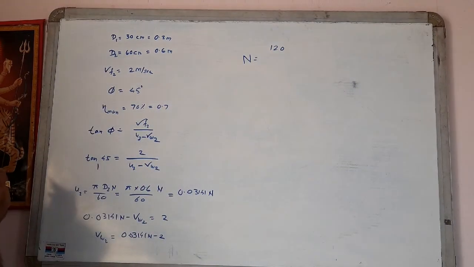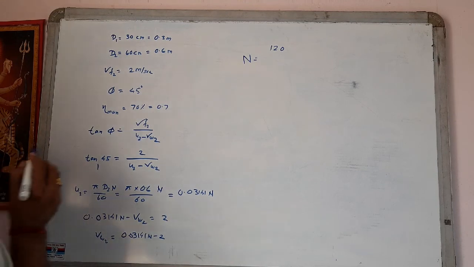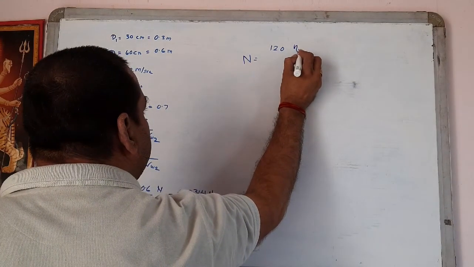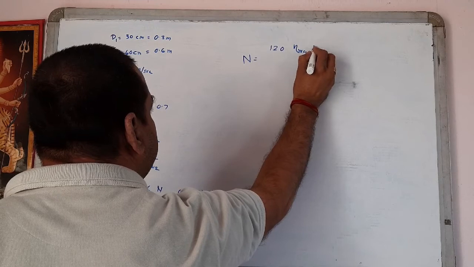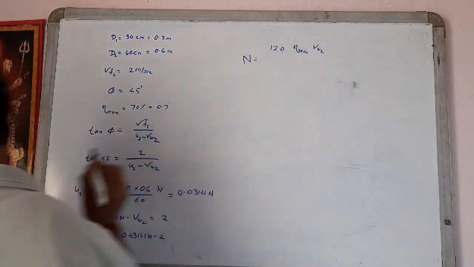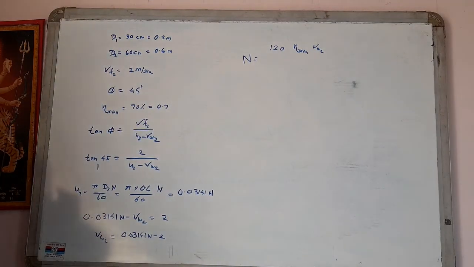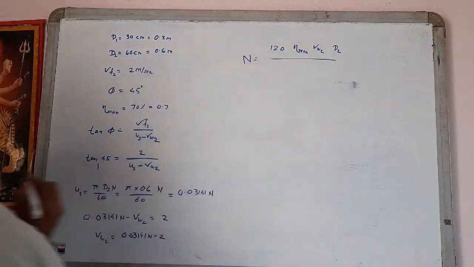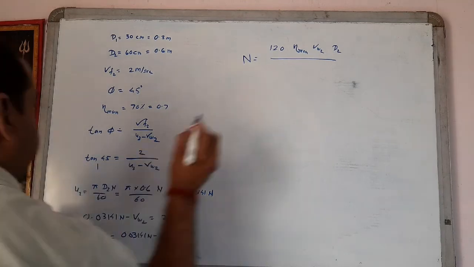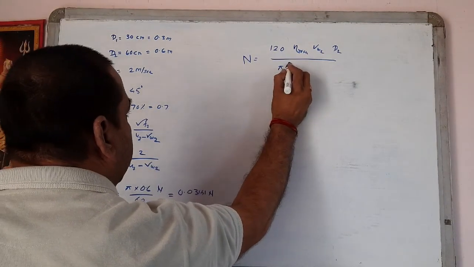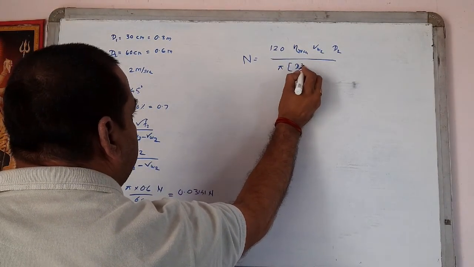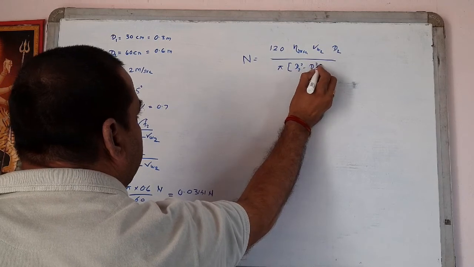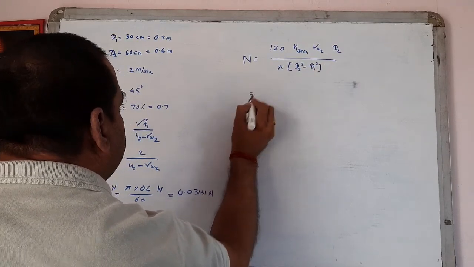Now n equal to 120 eta manometric Vw2 D2 by pi into D2 square minus D1 square.